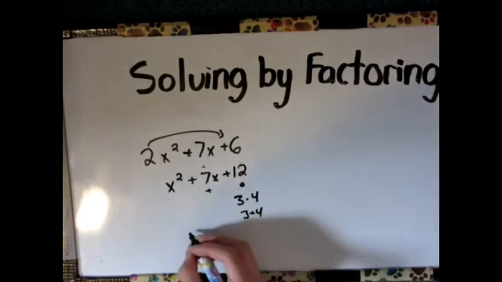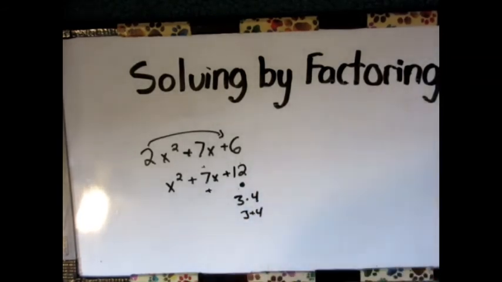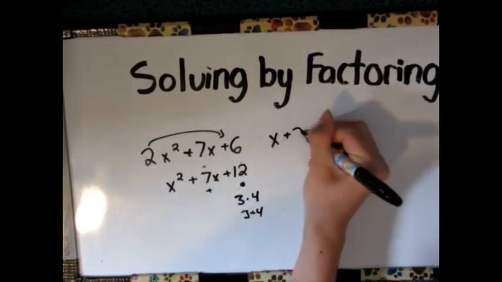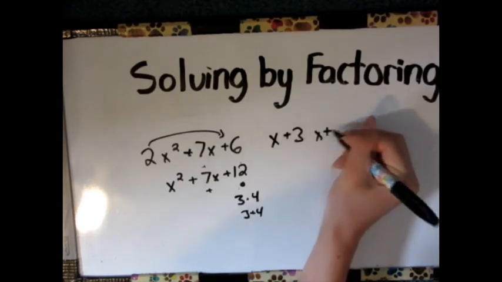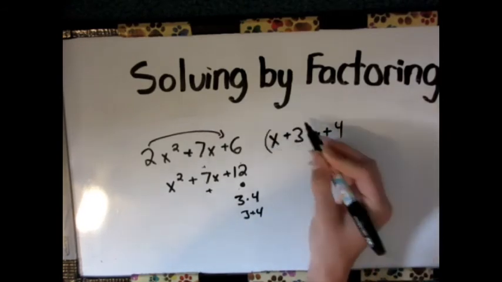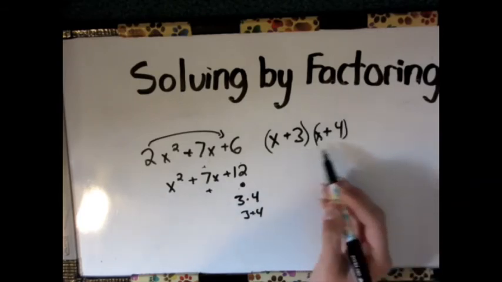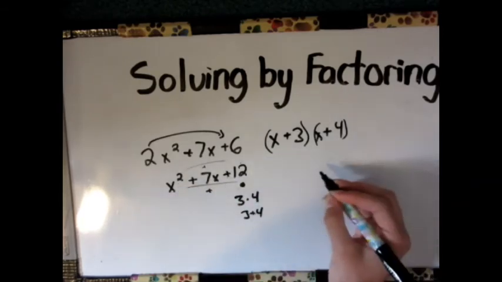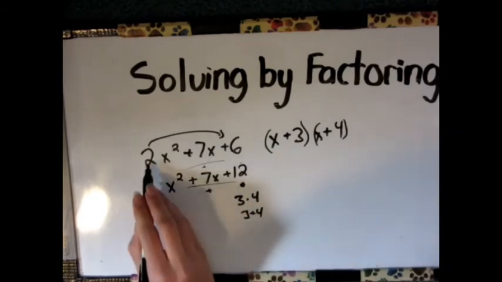So we found factors. I'm going to write it over here for a second: x plus 3 and x plus 4. When you FOIL those out, you're going to get this here, and we don't want that. We want to get this.